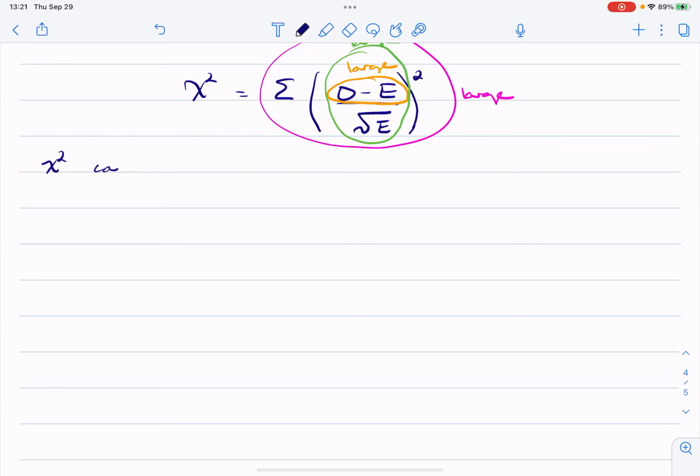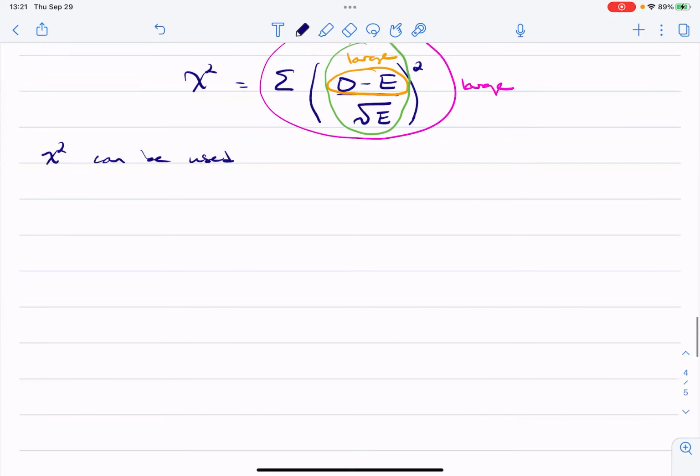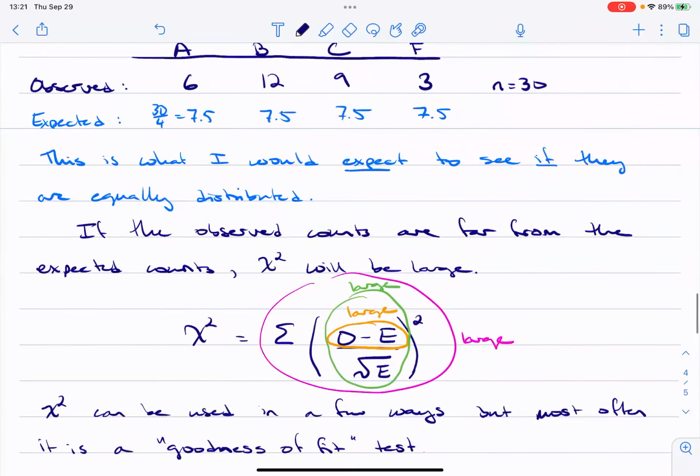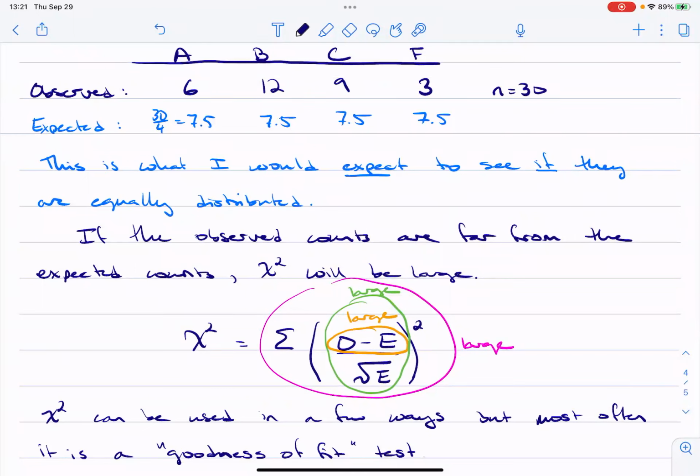But chi-squared can be used in a few ways, and most often it is a goodness of fit test. Like we said here, what we were finding could be considered a goodness of fit test. How well do these counts fit my assumption that they're equally distributed?